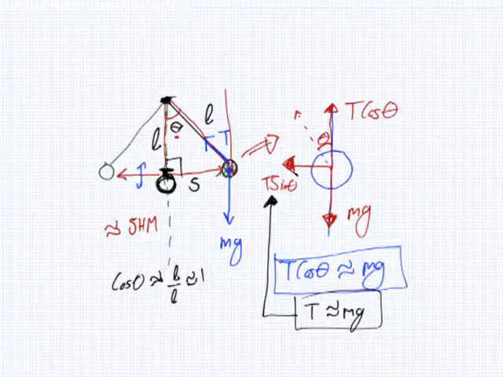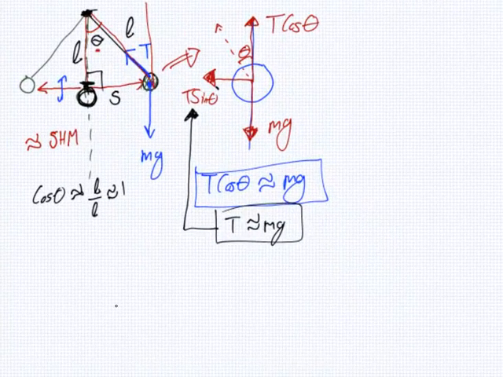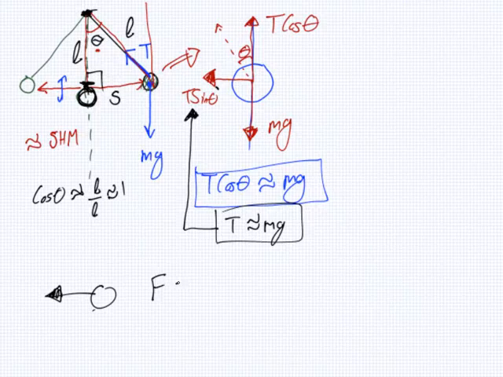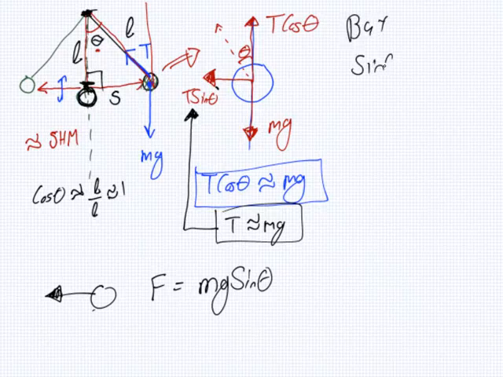So it will be sine. This force going to the left will be T, which is mg sine theta. Now can everybody look up here, please? What is sine theta roughly equal to? Opposite over hypotenuse, S over L. Roughly.